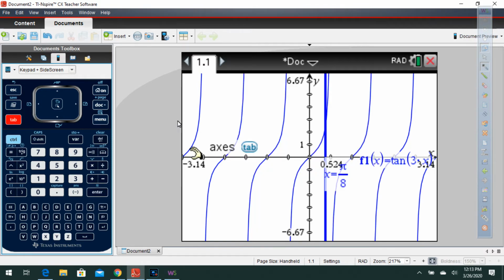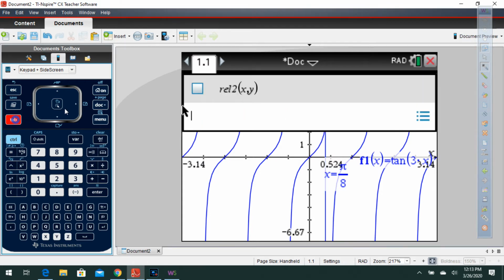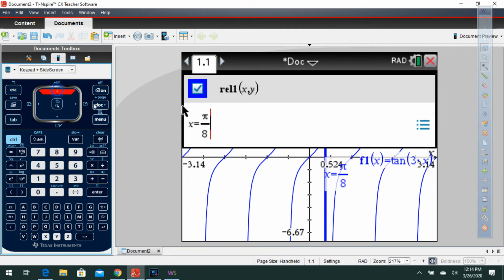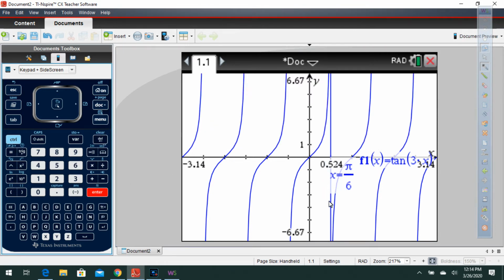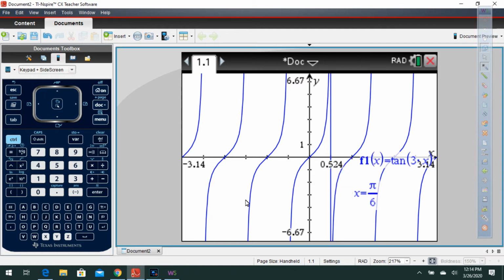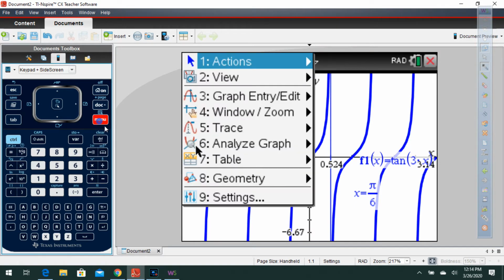Tab. We'll put a 6 there. Okay, now we have found it. So we're going to go menu.